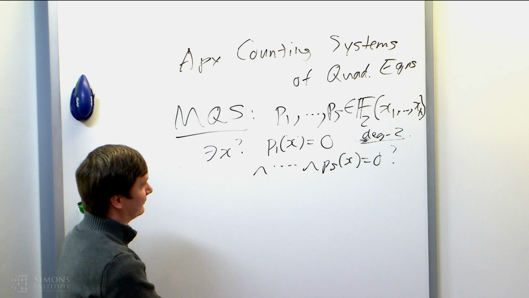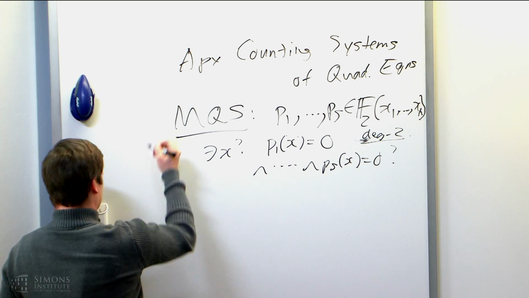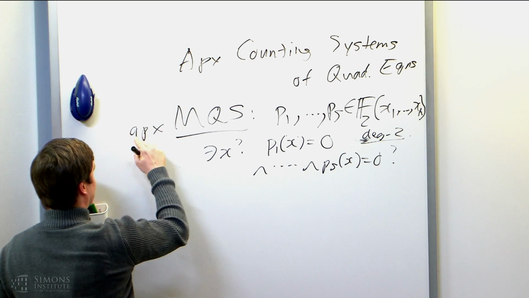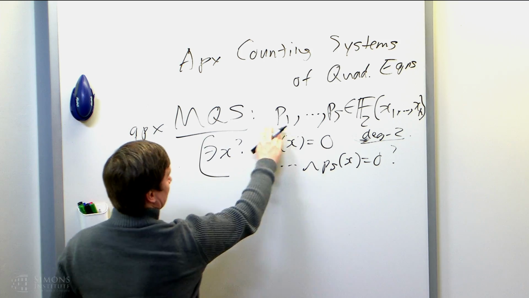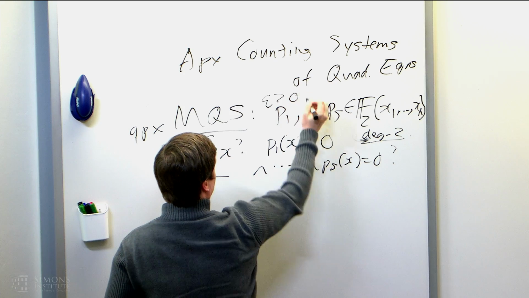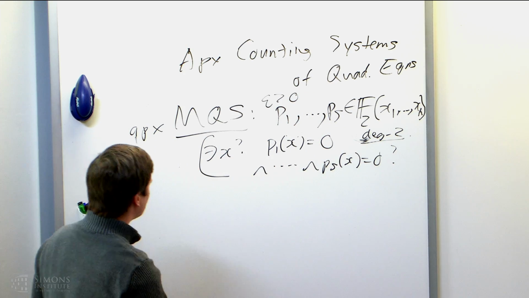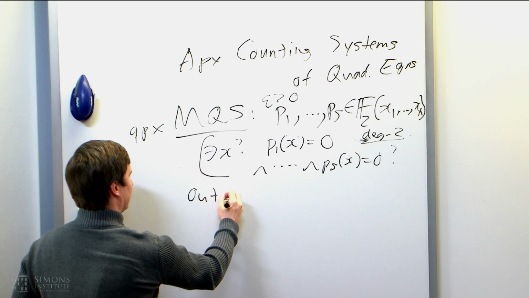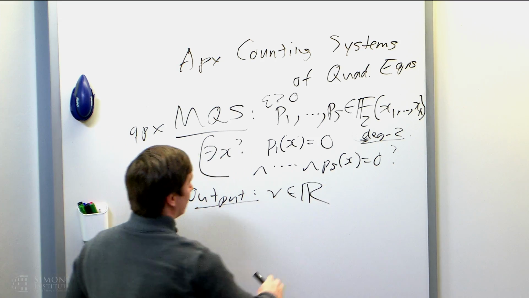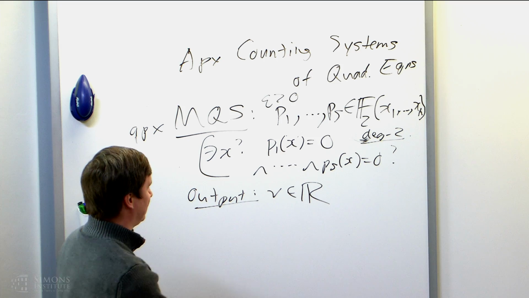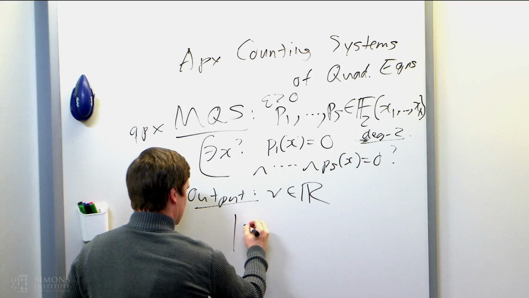We're going to look at an approximate version of this. So call it approximate MQ. And now we're given these things. We're given a parameter epsilon. And we want to know a value v that approximates the fraction of satisfying assignments. So I'll just write it out here.